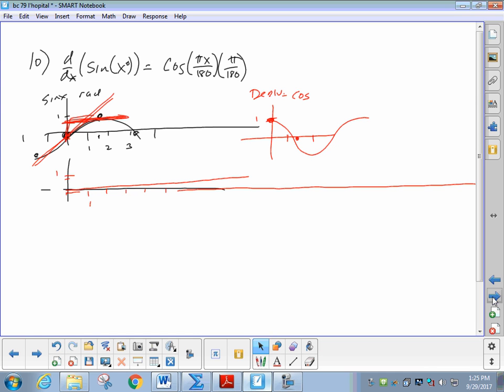So if I were to draw the slope in degrees at that point, that tangent slope would not be 1. That tangent slope would be something tiny, like about 1/60th if I counted boxes.